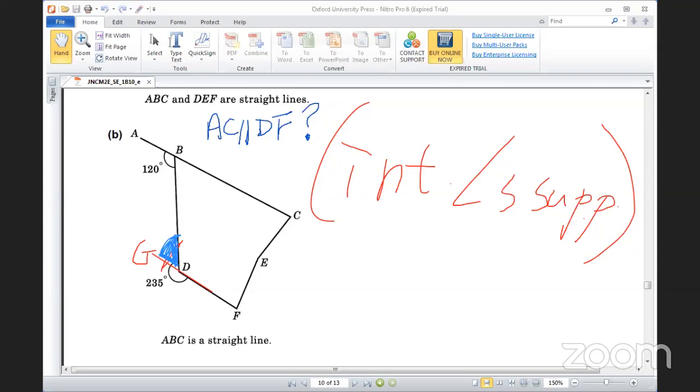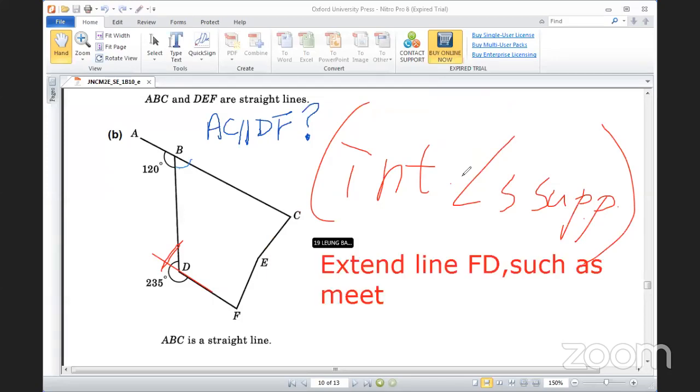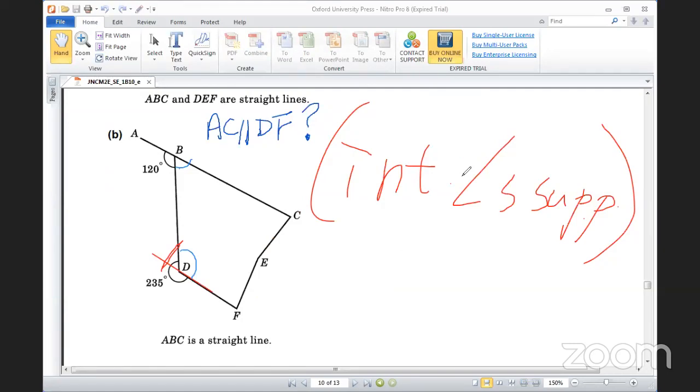But there's another way that you can do without extending the line. Anyone have other solution? Instead of finding this one, there's another way that you can check whether AC and DF are parallel. They in this case do not meet because there's no line here.